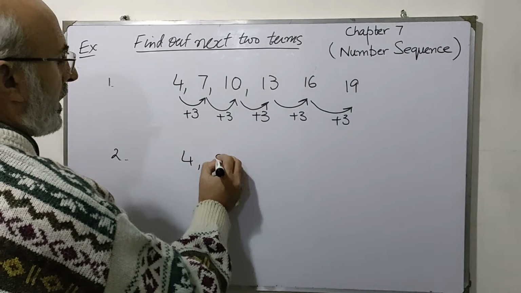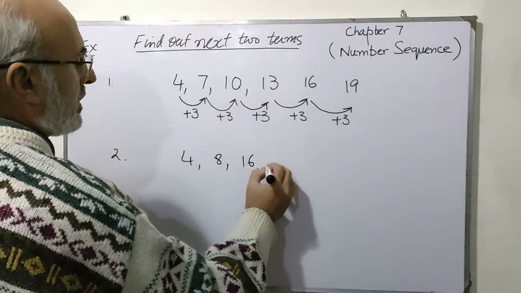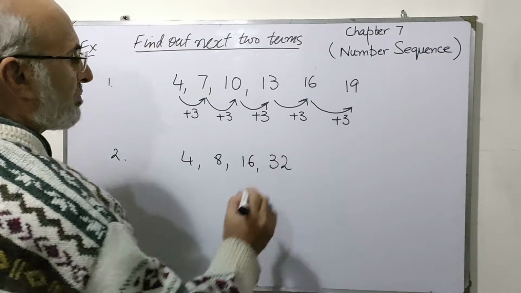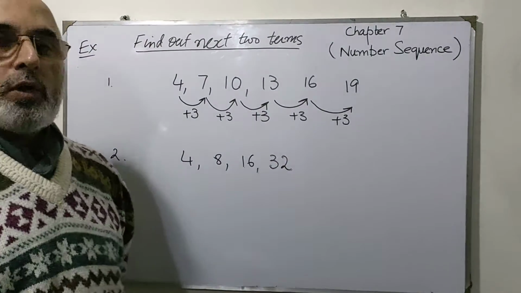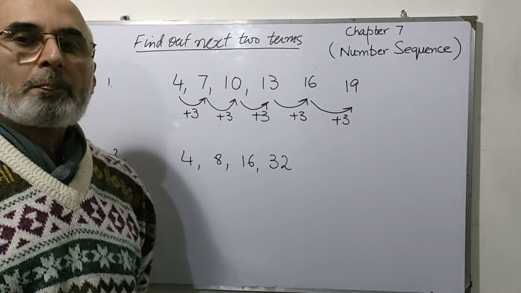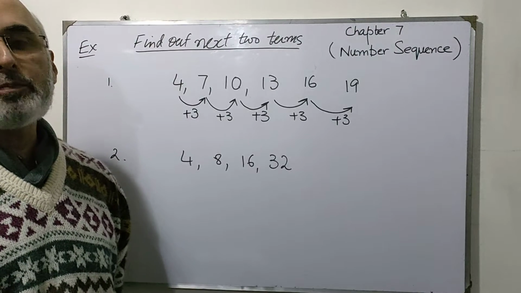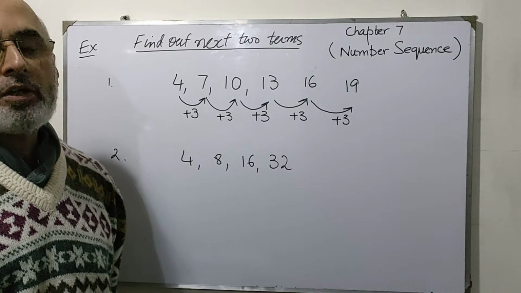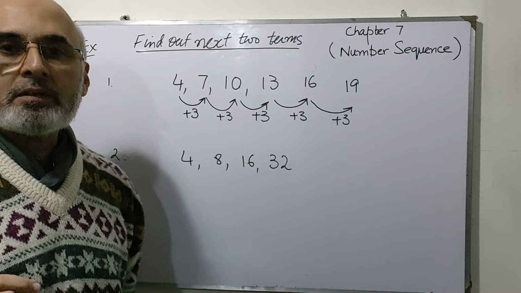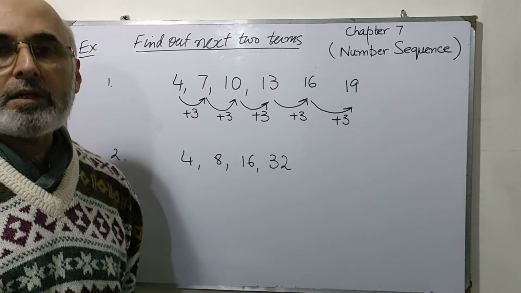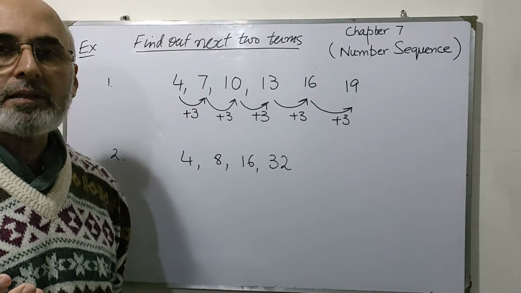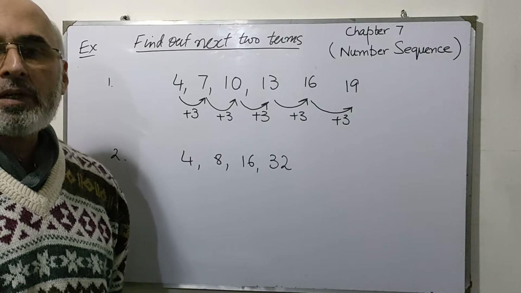4, 8, 16, 32. Okay, rules are not always going to be adding something. The rule might be of subtracting something, multiplying something, squaring something.